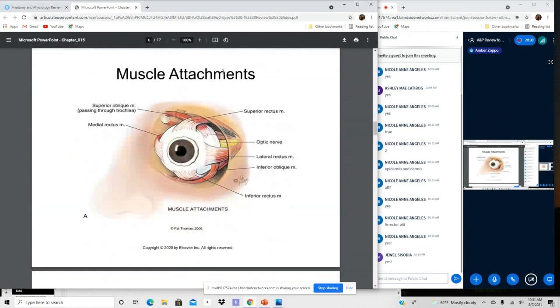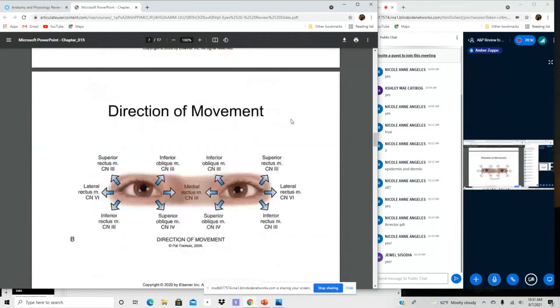So these are the muscles that we talked about: the superior rectus, inferior rectus, lateral rectus, and the medial rectus here. And then the oblique muscles kind of go diagonally. And there's the superior oblique muscle and the inferior oblique muscle. And this is the direction of the movement that causes the eye to move.